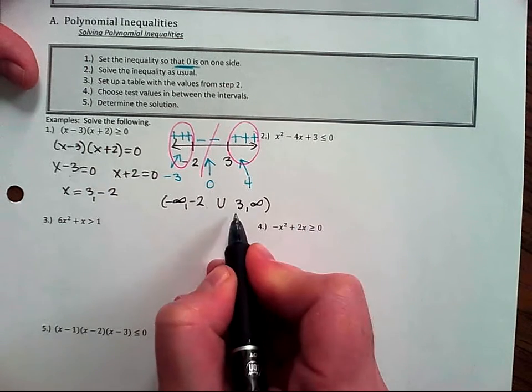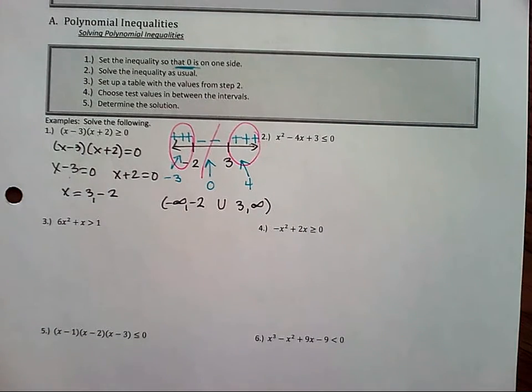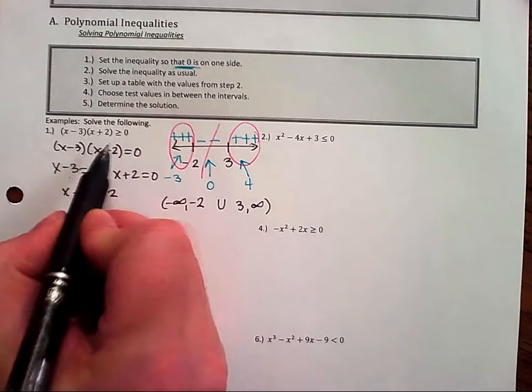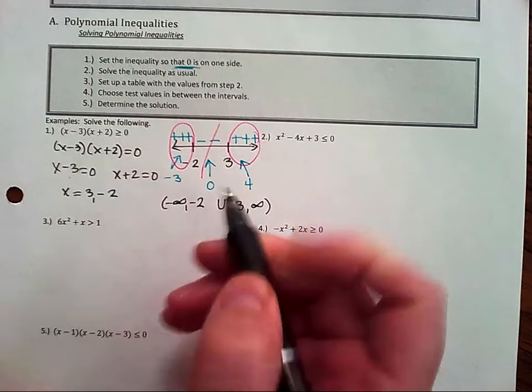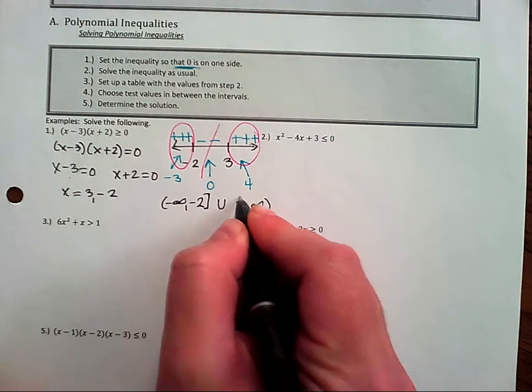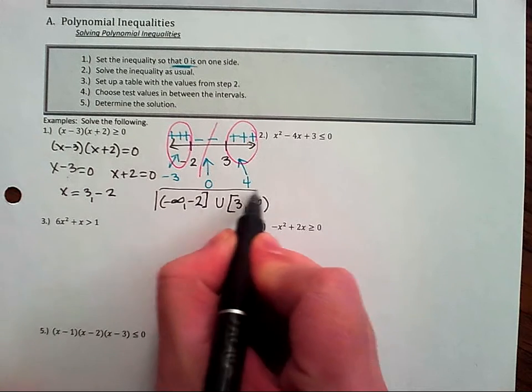Somebody help me with my brackets. Open brackets, close brackets. What do you guys think? Close. Why? Because it's or equals to. So it's a hard bracket. That's my answer.